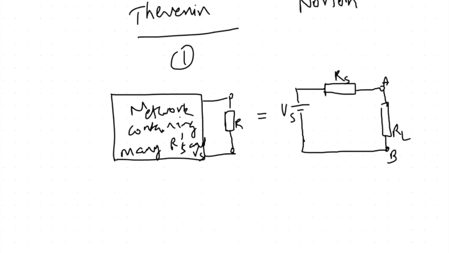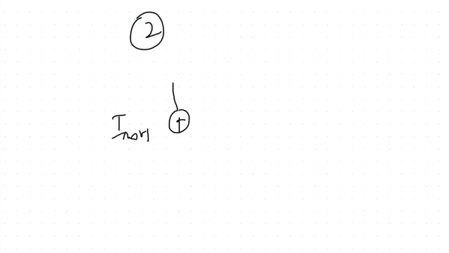Now let's move on to the next theorem, which is Norton's theorem. So what does Norton's theorem state? So Norton's theorem states that any linear circuit can be simplified to an equivalent circuit. So what this means is, for example, let's say we have our current source, which is I Norton, right?